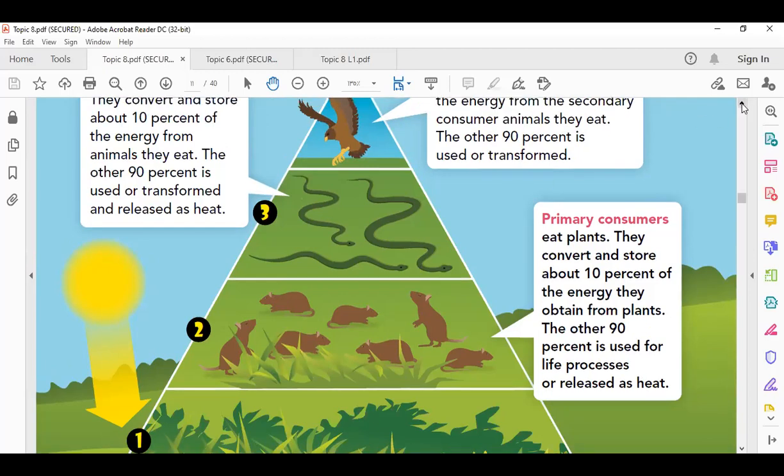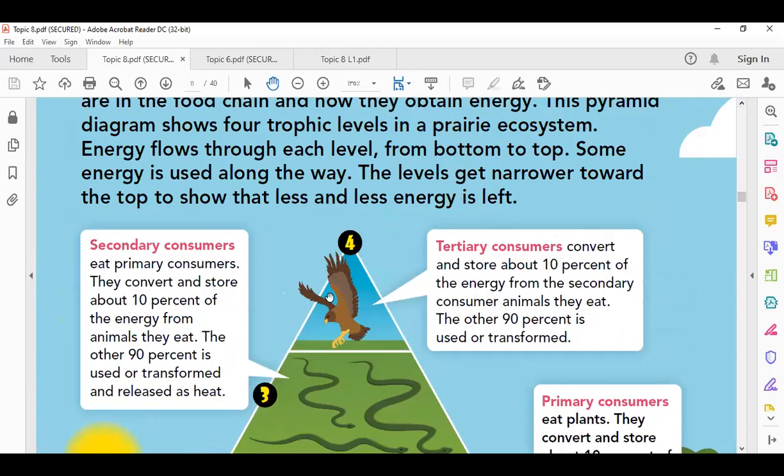Now at the top, always, at the top of this pyramid, or the last trophic level, there are animals that are seldom eaten by other animals.